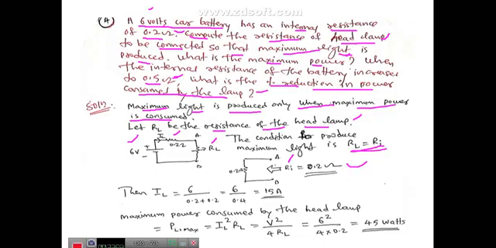Therefore this RI is equal to the load resistance of the headlamp. Once you know this RL, you can easily find the current delivered by the battery. The current is 6 volts divided by 0.2 plus 0.2, therefore this value is equal to 15 ampere.